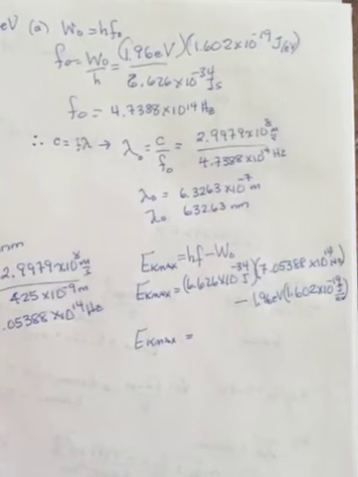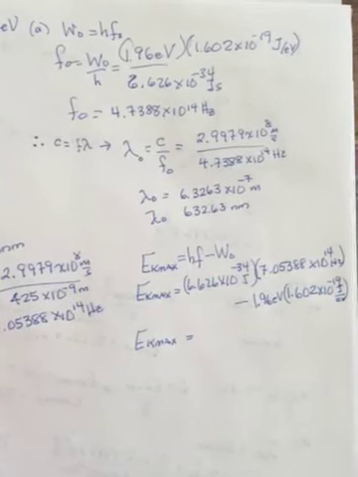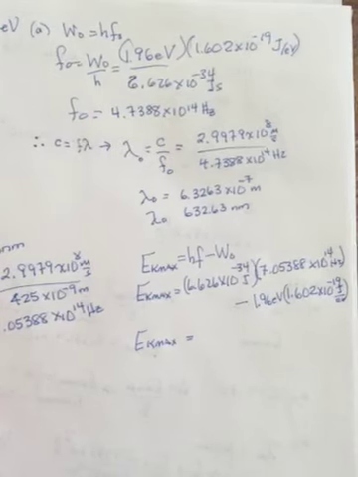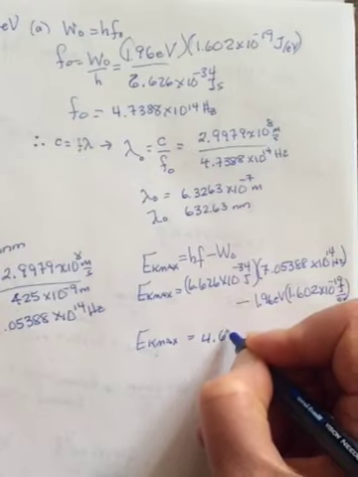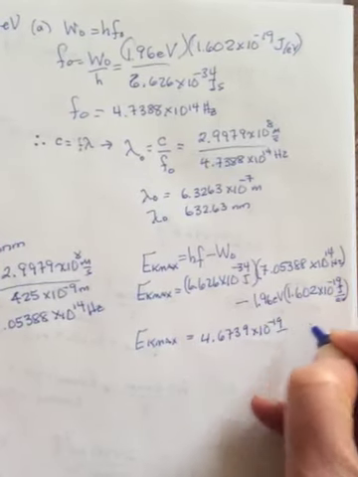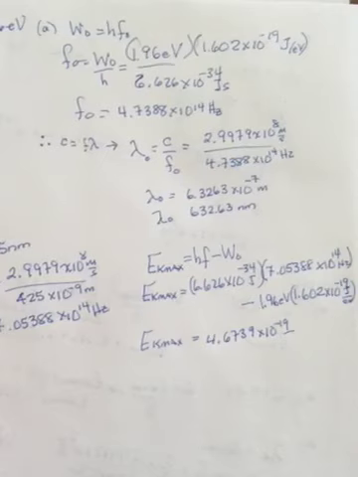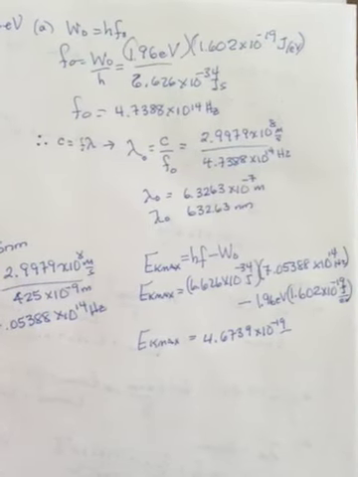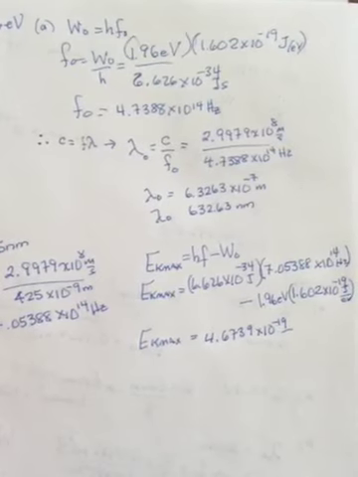All right, so take your 7.06, multiply with 6.626 times 10 to the negative 34, and you get, for the first term, 4.6739 times 10 to the negative 19, minus 1.96, right? Yeah, times 1.602 times 10 to the negative 19.